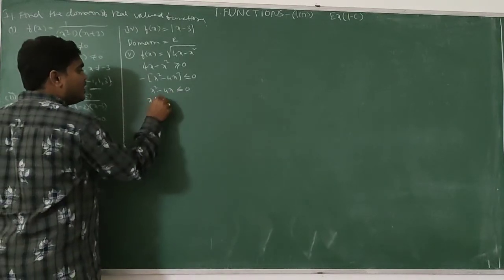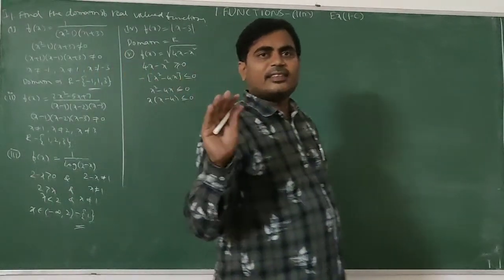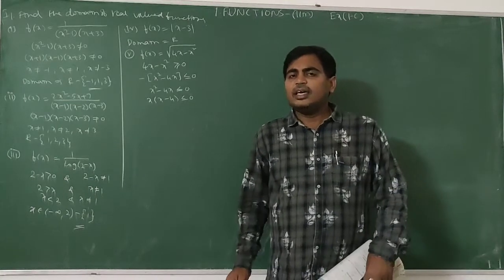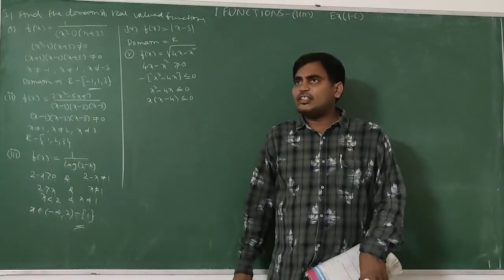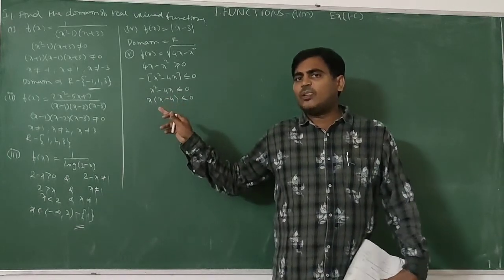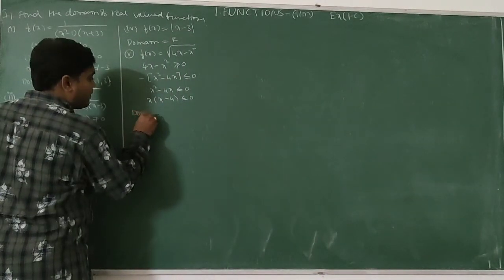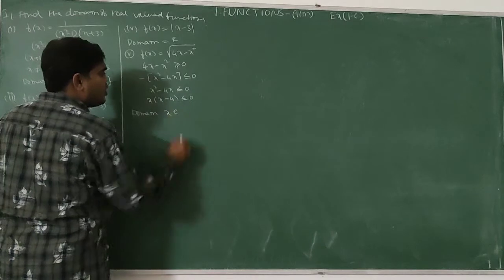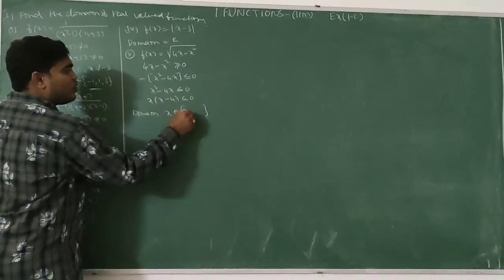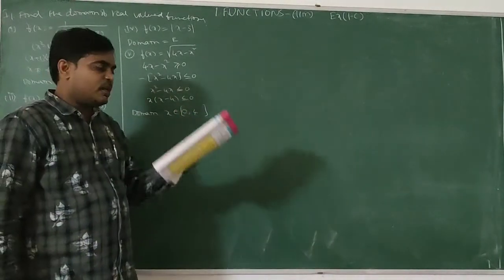So x(x minus 4) less than or equal to 0. We have four conditions: ax square plus bx plus c having real roots alpha and beta, less than 0, less than or equal to 0, greater than 0, greater than or equal to 0. If it is less than or equal to 0, x should lie between alpha and beta, with closed brackets. So the roots are 0 and 4. The domain is x belongs to the closed interval 0, 4.